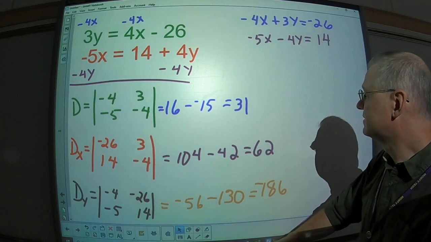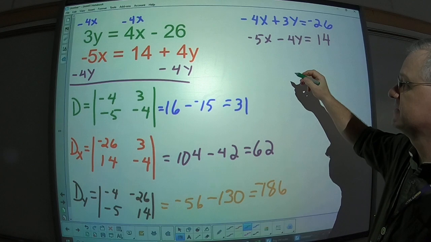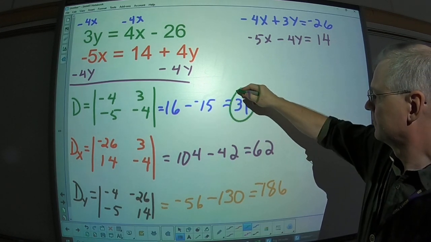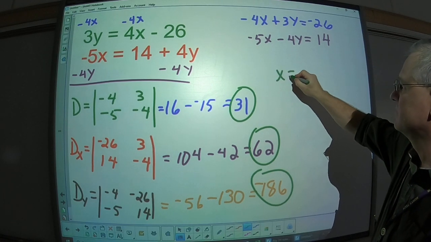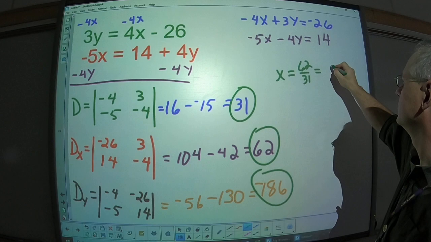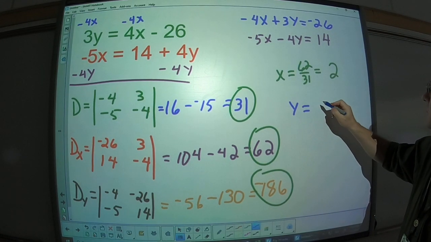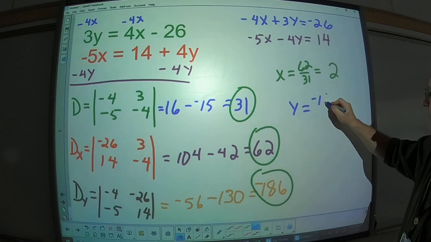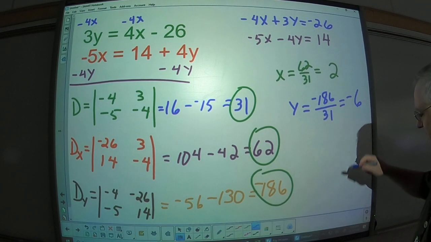Now we need our D sub x, D sub y, and D. There they are. So x is going to be 62 over 31, or 2. Y is going to be negative 186 over 31, which is negative 6.